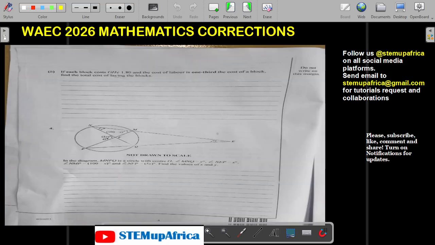Let's go back. The cost of labor is 1/3 the cost of a block.